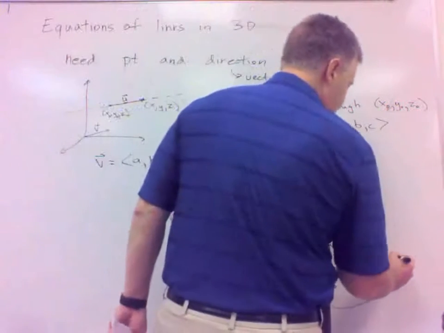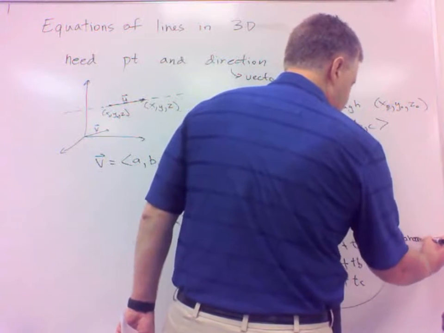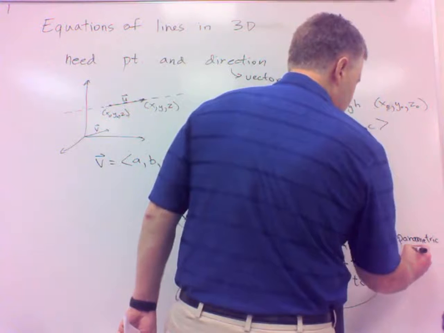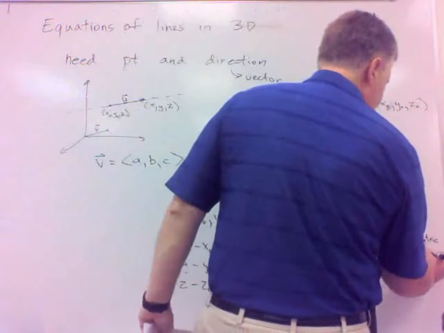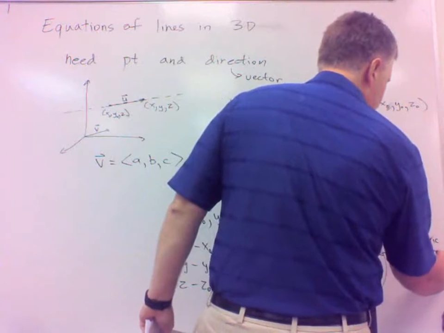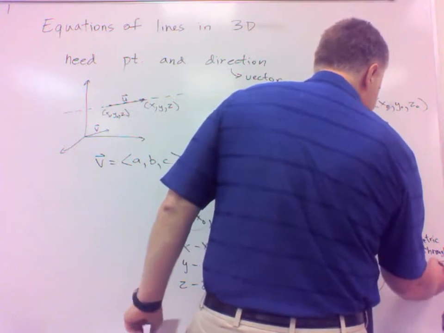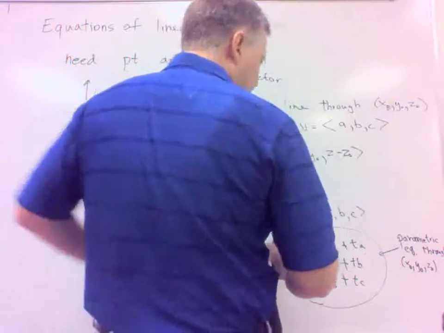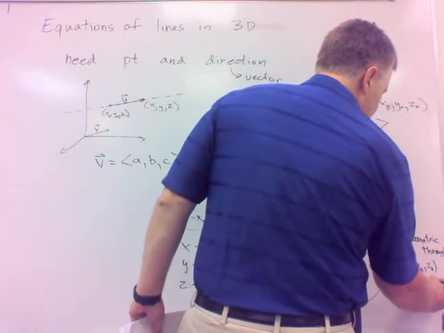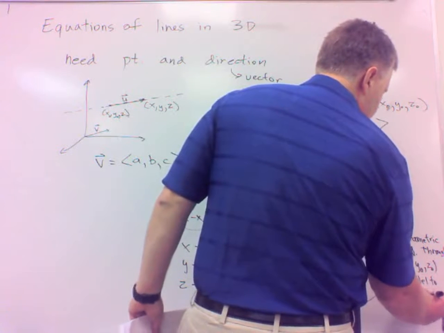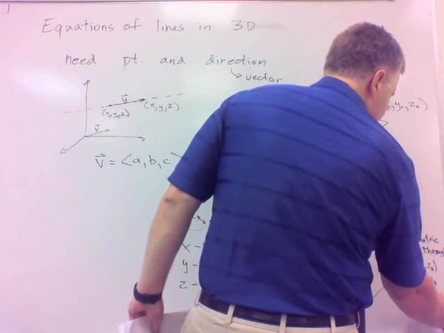So the book calls this one the parametric equation of the line through x0, y0, z0, parallel to vector v, components ABC.